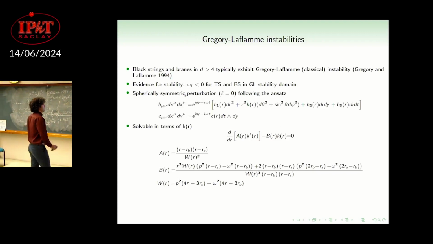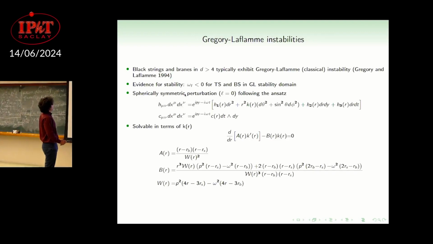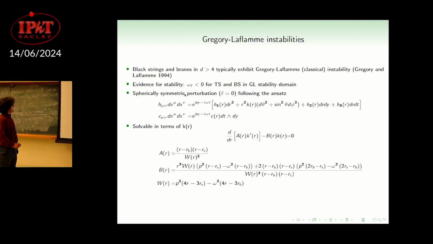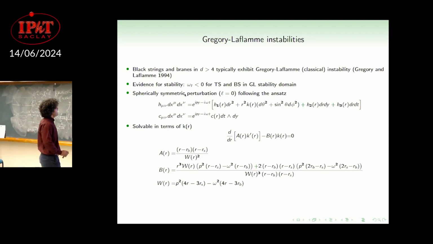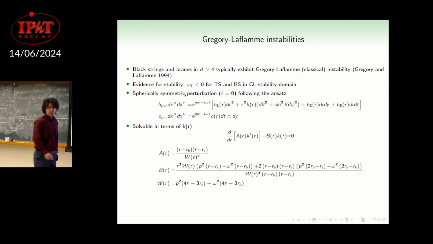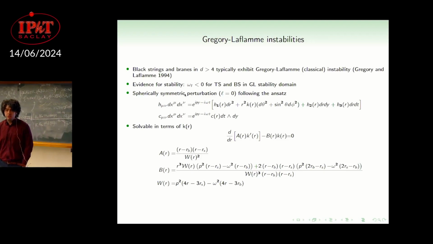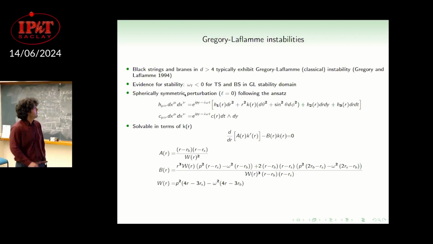Let me briefly discuss the Gregory-Laflamme instability. The Gregory-Laflamme instability is a classical instability that arises in the context of black strings and black branes in dimension bigger than 4.